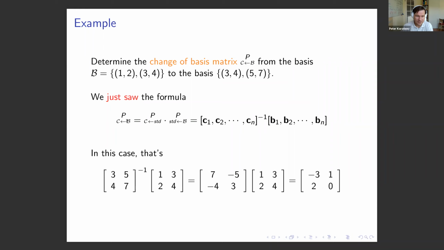So you invert the matrix corresponding to the basis from which you are mapping, and multiply it on the left by the matrix formed of the columns of the basis to which you are mapping, and you get this matrix. So negative 3, 1, 2, 0 is the desired change of basis matrix.